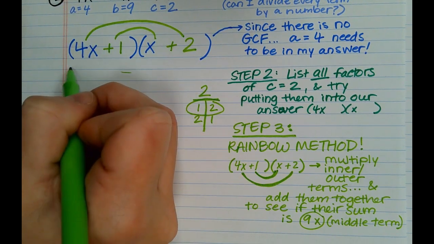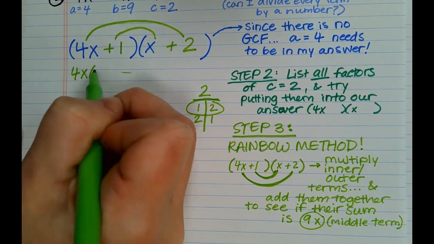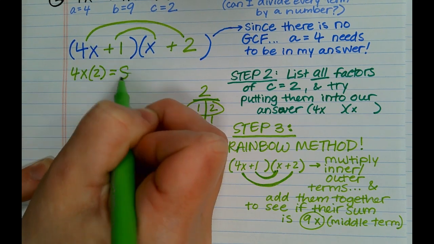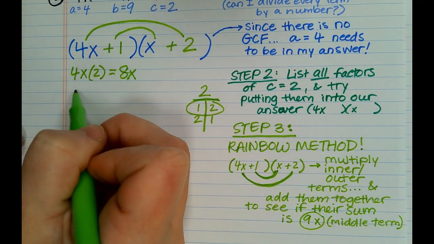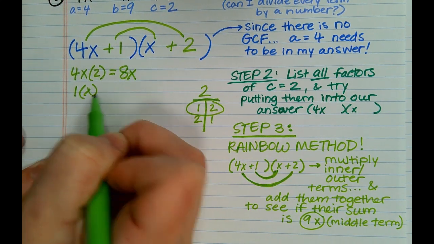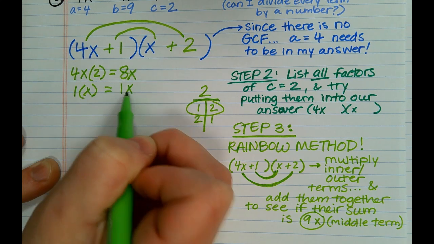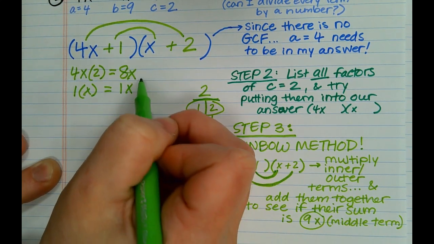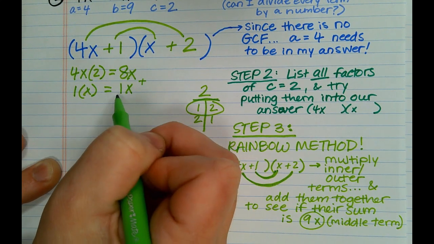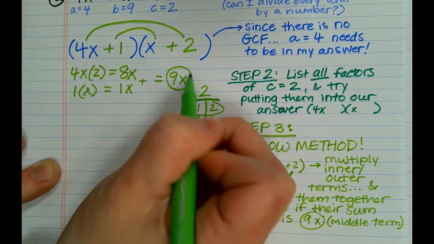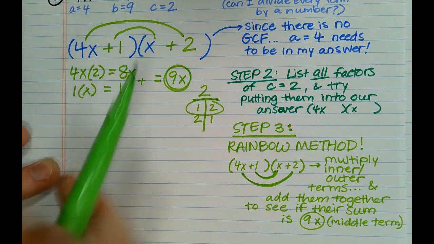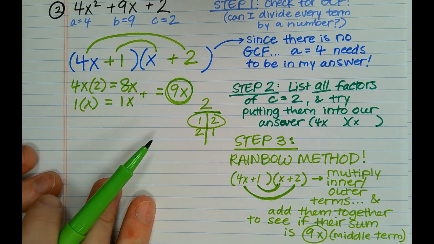What's that? Yes, 4x times 2 is 8x. And what's 1 times x? Good, 1x. And would you look at that, guys? 8x plus 1x is 9x. And that's our middle term, 9x.